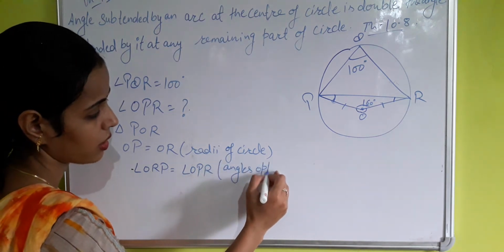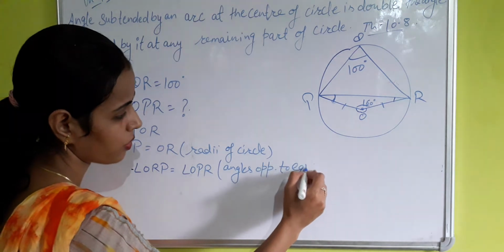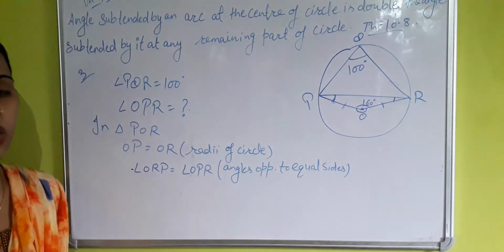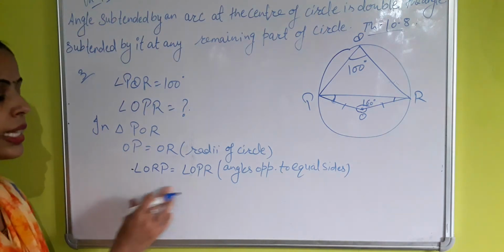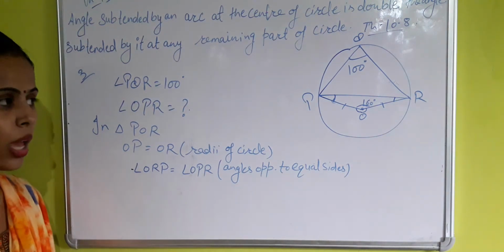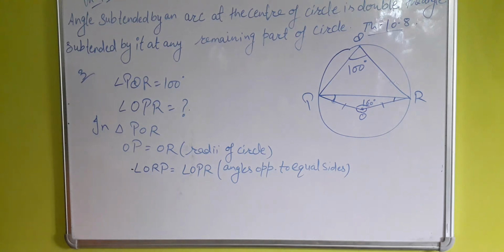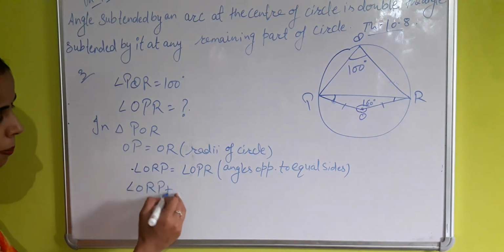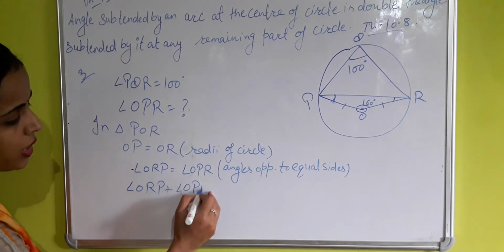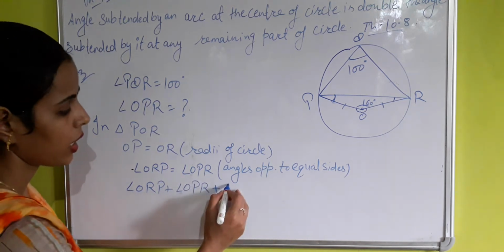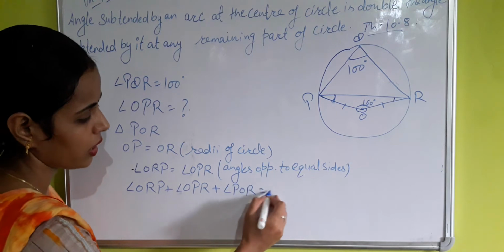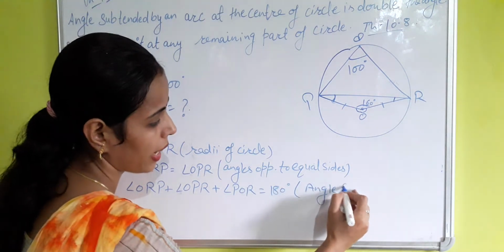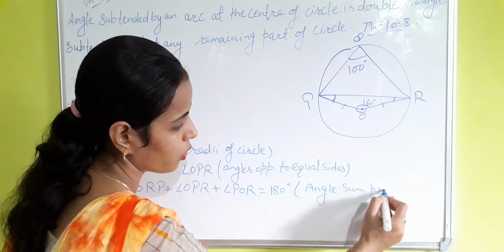Angles opposite to equal sides are equal. Or we can also write: if sides are equal, then their opposite angles are also equal. Now by using angle sum property, angle ORP plus angle OPR plus angle POR is equal to 180 degrees.